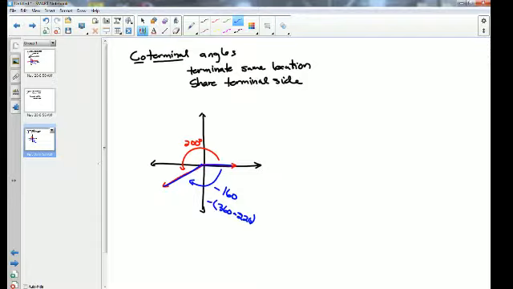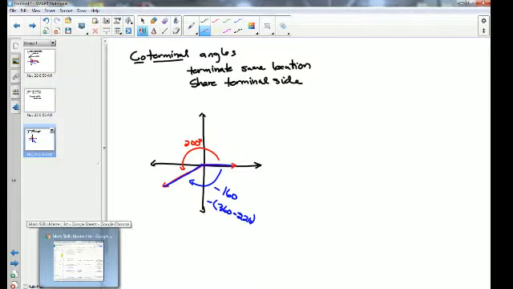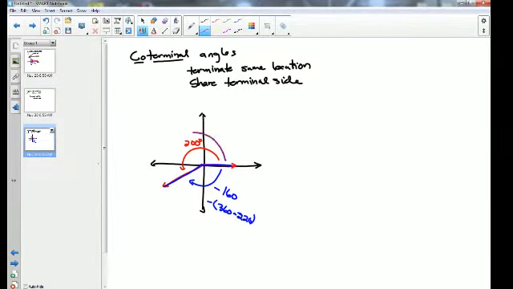Okay. Can you name another one? You do not have to restrict yourself to one rotation. How about 560? Sure. So it's one full revolution, 360, plus 200.